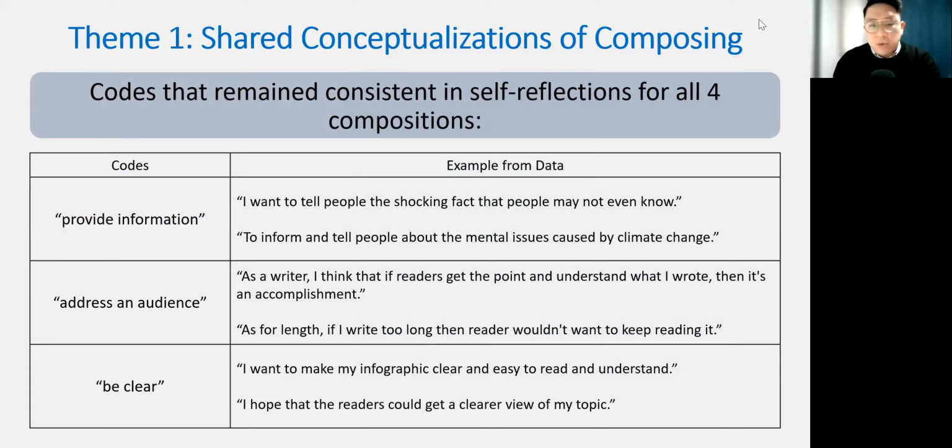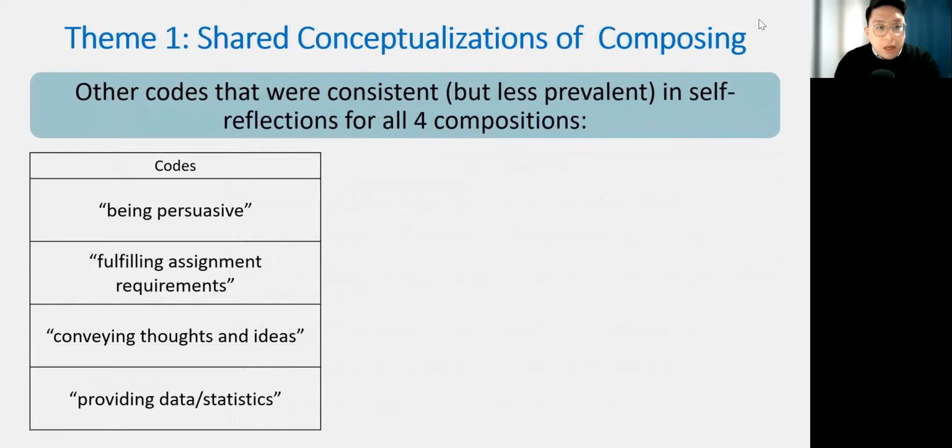These were the most common codes that I found, themes, I guess you could say, and they occurred in all four compositions. Some other ones that were consistent across all four compositions, but maybe less prevalent in the number of times they showed up, were being persuasive, trying to fulfill assignment requirements, conveying thoughts and ideas, and providing data statistics.